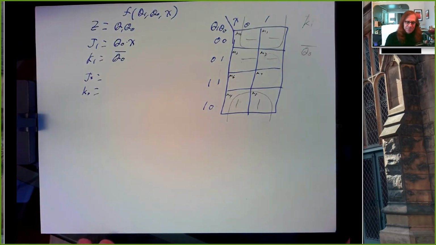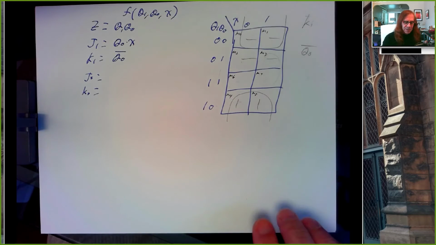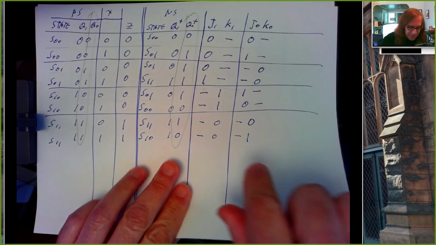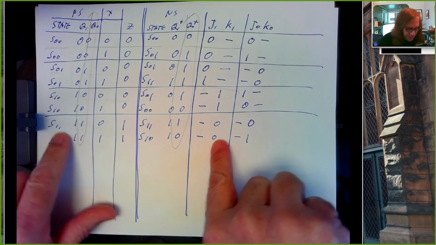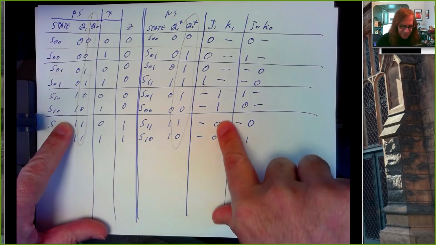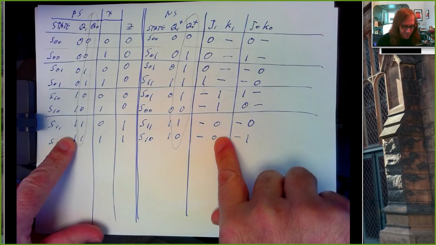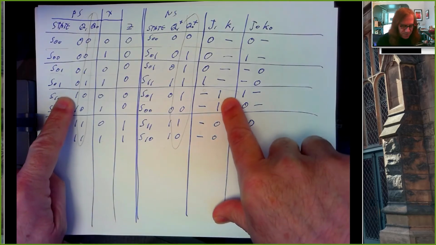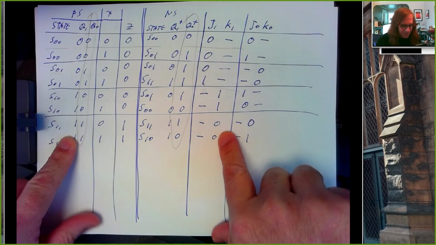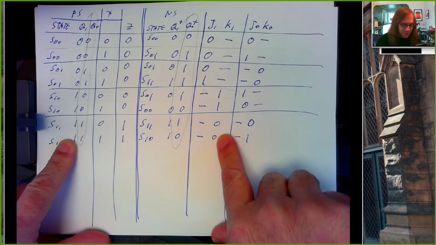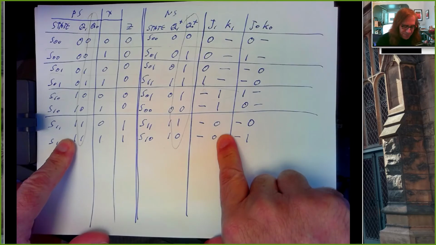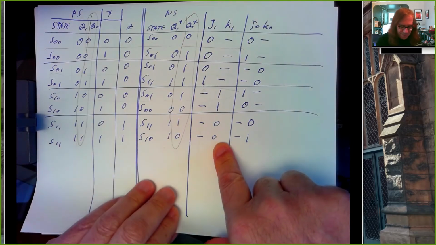Couldn't you also just make that Q1? If we made it Q1, then it would be 1s down here. So these ones would be good, and these we don't care about, but we'd end up with 1s down here in the last 2 rows. So that would be different from what we want. Oh, okay.